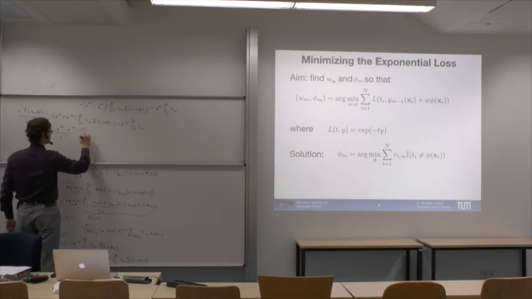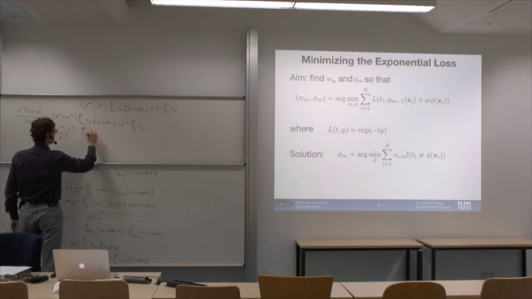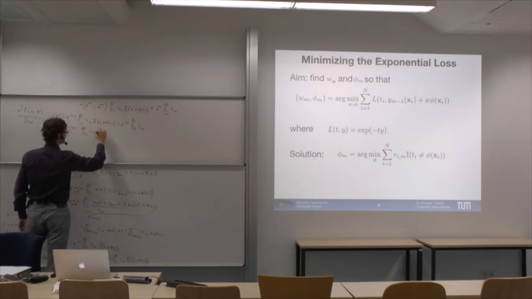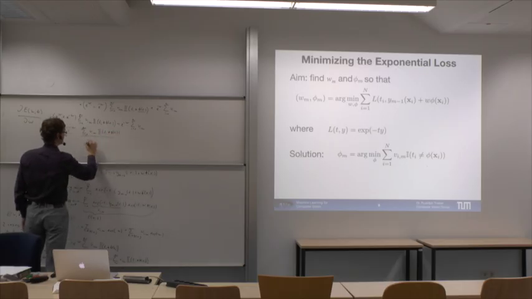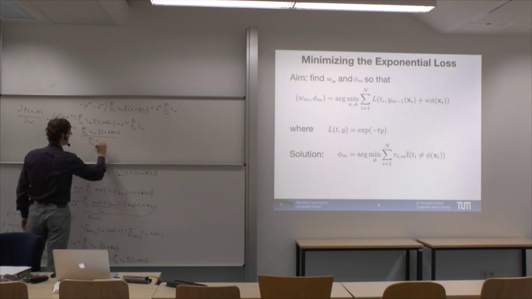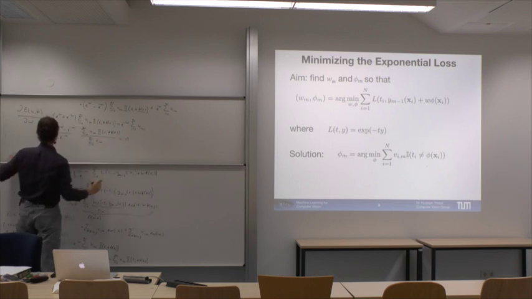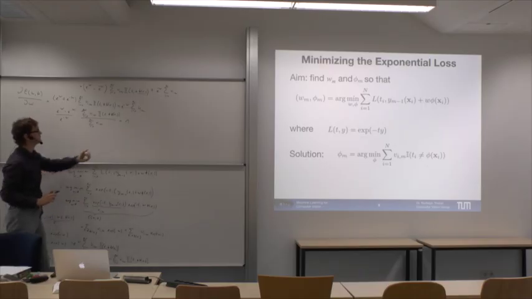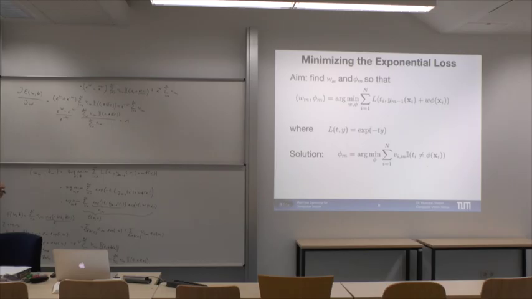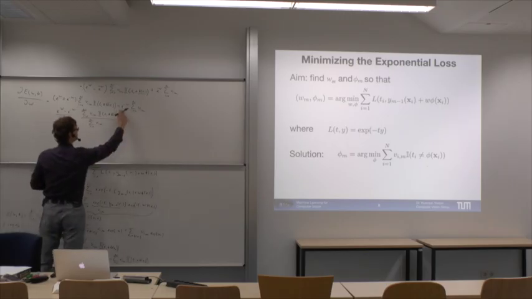We say this is the sum, which is the misclassified ones, divided by the sum equals 1. This is kind of an unusual way of doing that, but it gets clearer in the next step. So what this simply does is I divide by this sum.